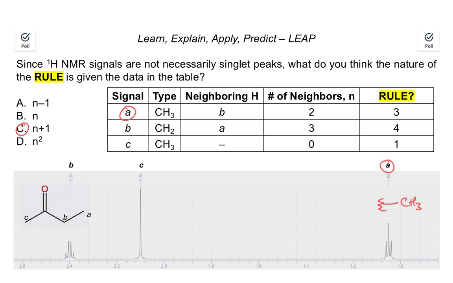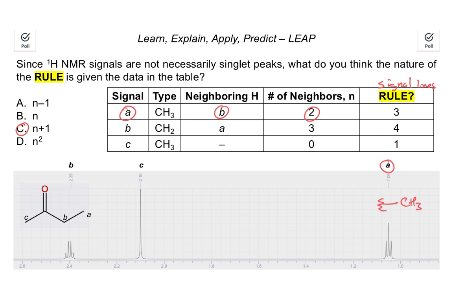And it has the neighbor B, which is 2 hydrogens. And it's leading to the signal with 3 lines.